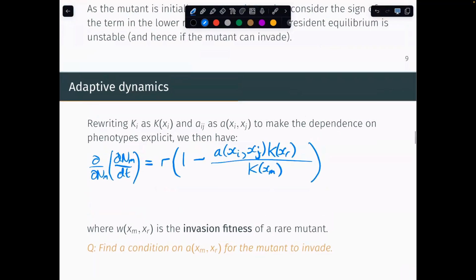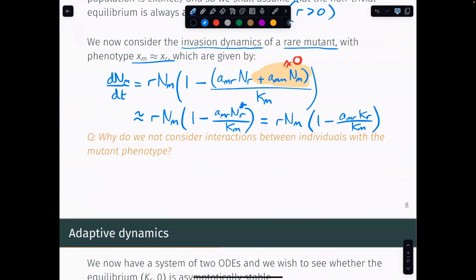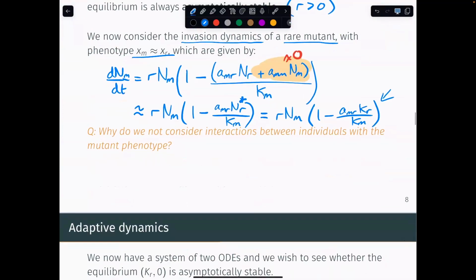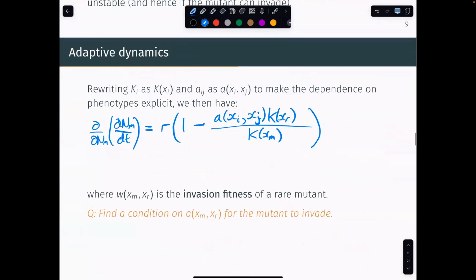So all I've done here is I've just taken essentially this term here, the derivative of this with respect to N_M. This is just linear in terms of N_M, so the linear term drops out. This was the coefficient for that linear term, and I've just replaced these k_i's with k(x_i)'s and a_ij's with a(x_i, x_j), just to remind you that these i's and j's refer to these phenotypes, x_i's and x_j's.